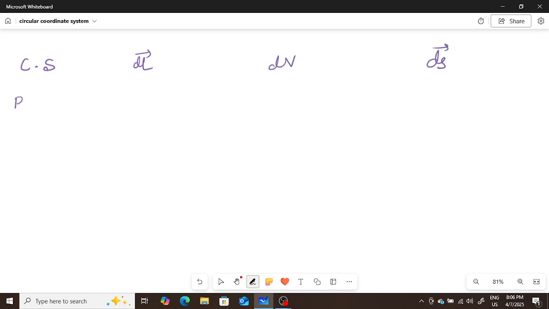For the rectangular, cylindrical, and spherical coordinate systems, what you will write for dl is the square root of dx square plus dy square plus dz square.